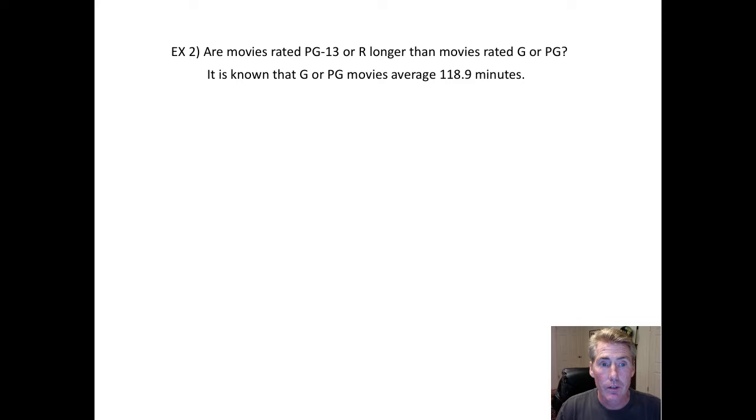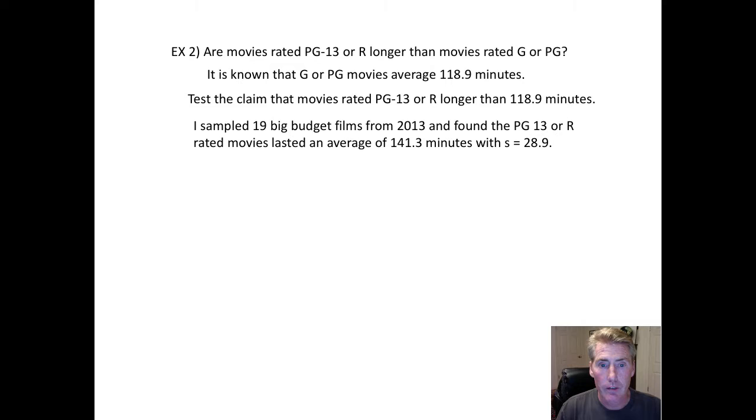So here's the information for the kid movies. It's 118.9. And now test the claim that the PG or the R are going to be longer or greater than that. So I sampled n equals 19 films, and I found that they lasted 141.3 with a standard deviation of 28.9.